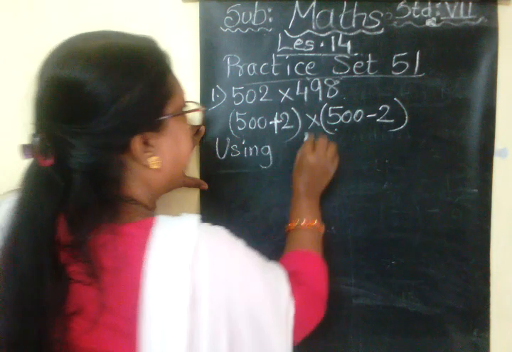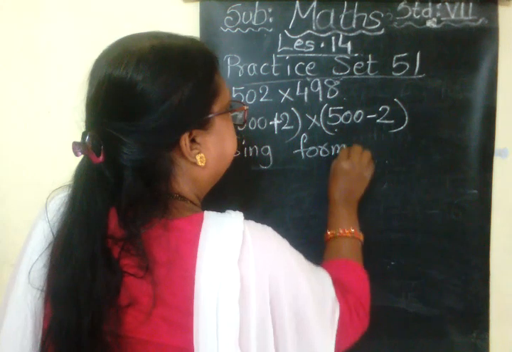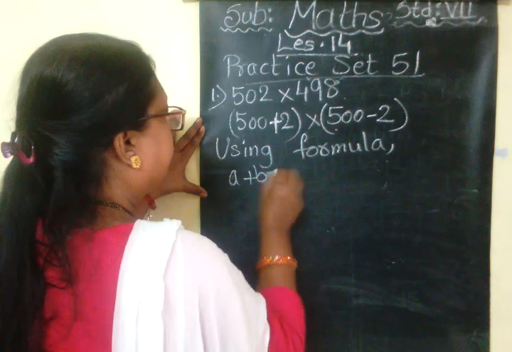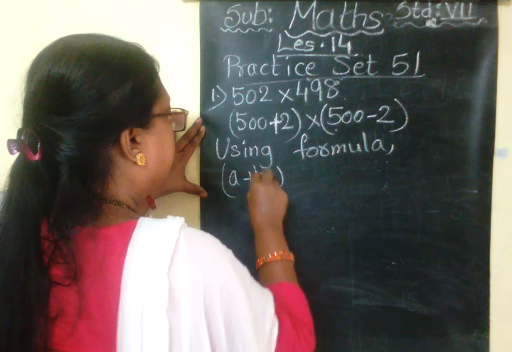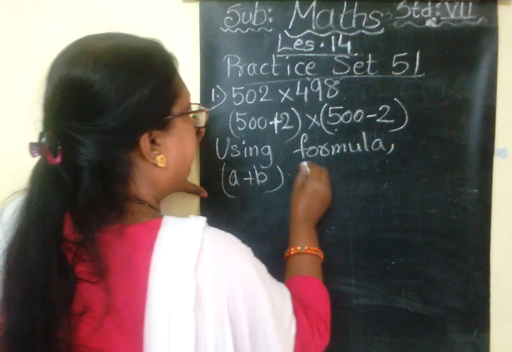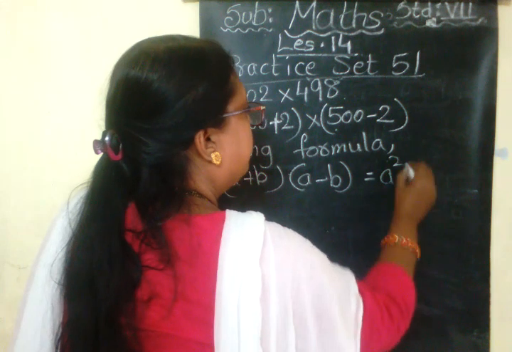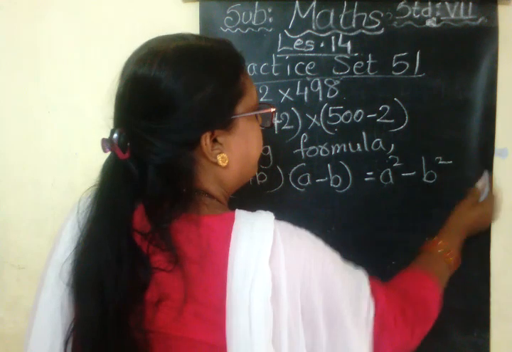So we will be using the third formula: a plus b multiplied by a minus b is equal to a square minus b square.